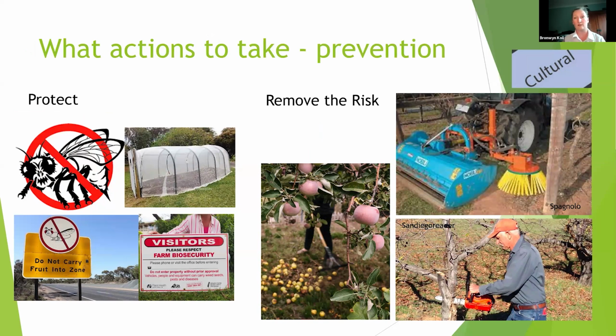And that's the number one strategy, being able to reduce the chance of infestation at all. To remove the risk, you may need to remove trees. You certainly need to pick up any fallen fruit or prevent it from falling in the first place, or do general mulching and try to keep a tidy yard so that access is free and easy for you to move through your backyard.